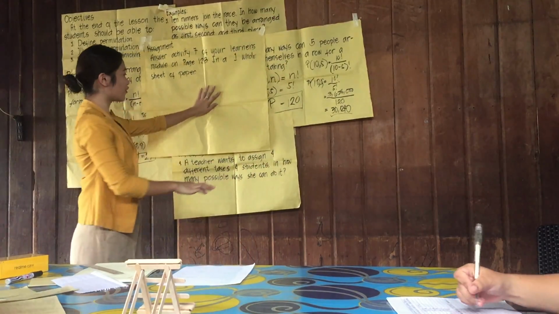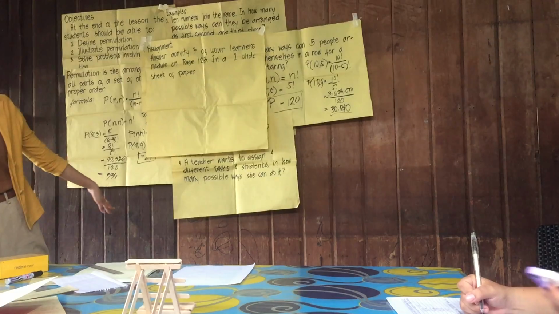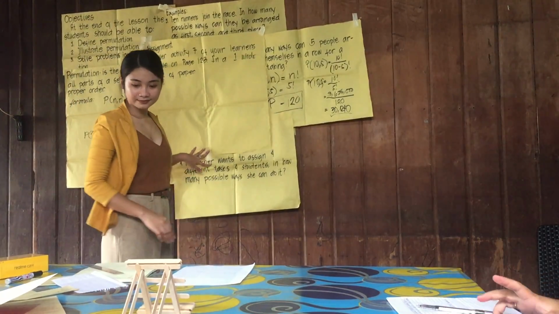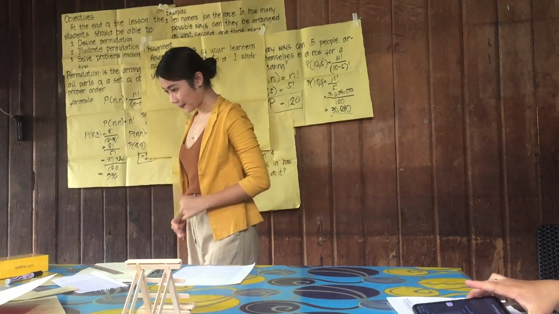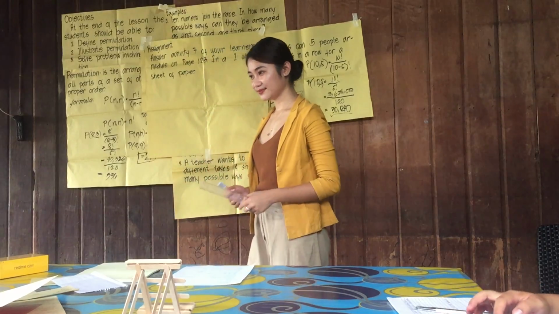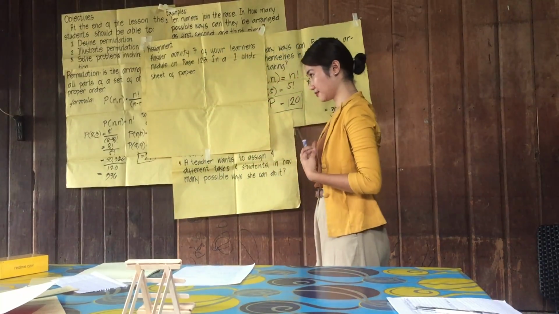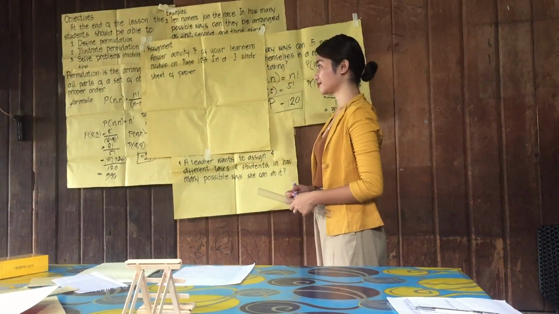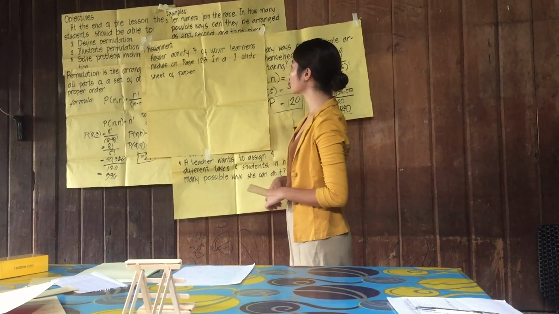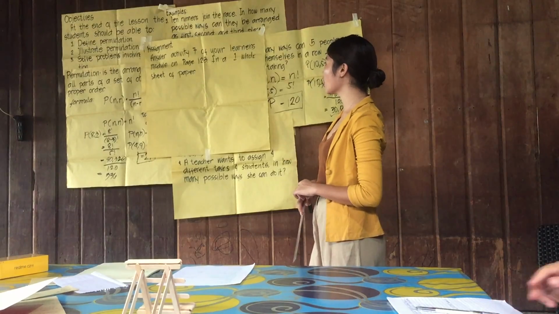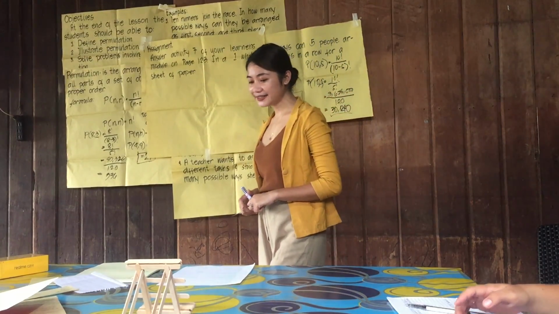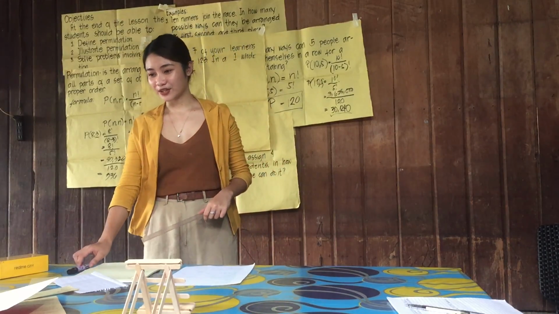One whole sheet of paper. Answer activity 7 of your learner's module on page 123 in one whole sheet of paper. Okay? Done? Yes, ma'am. Okay, very good.